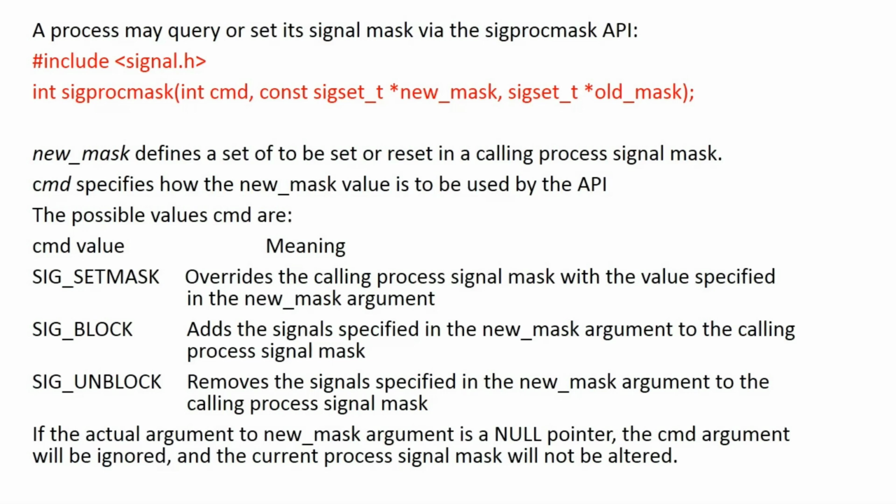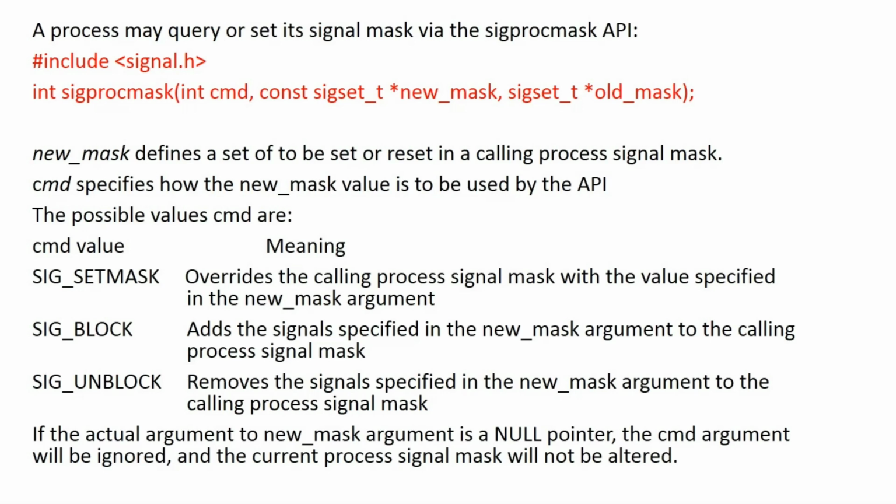The second value, SIG_BLOCK, adds the signals specified in the new mask argument to the calling process signal mask. You are going to add the signal to a block. And SIG_UNBLOCK removes the signals specified in the new mask argument from the calling process signal mask. You are going to unblock that signal by assigning this value to the first argument.